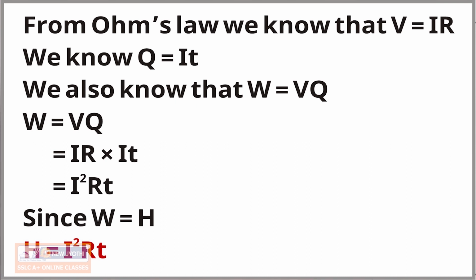V is equal to I into R. So substituting the values of Q and V, here W is the heat energy. So heat energy is equal to IT into IR, which is equal to I into I square RT. So this is the first equation for the heat generated in a conductor while passing current through it. So H is equal to I squared RT.